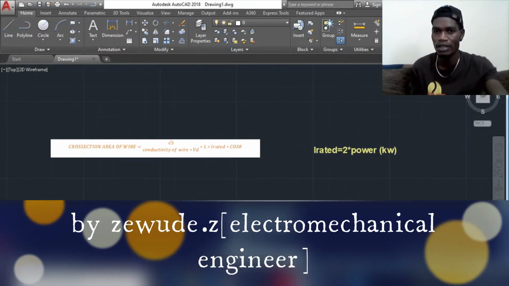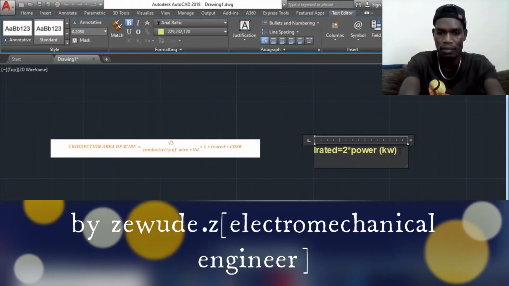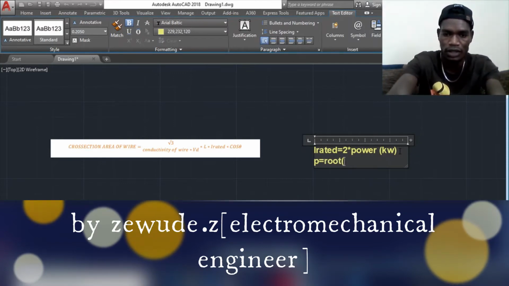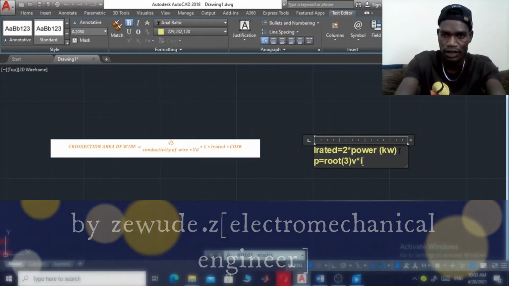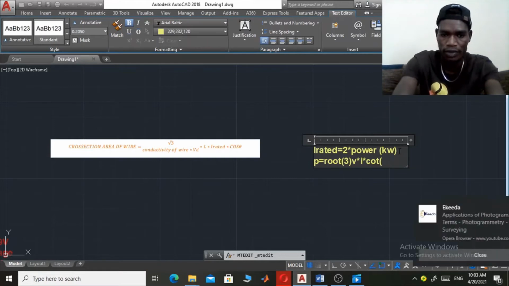In 3-phase, power is equivalent to radical 3, or root 3, times voltage times current times cosine of theta, or cos theta.